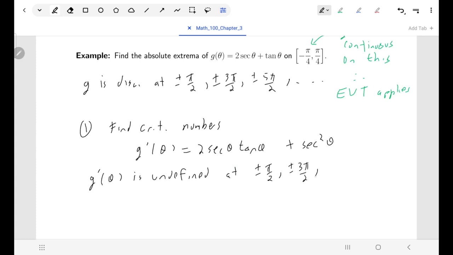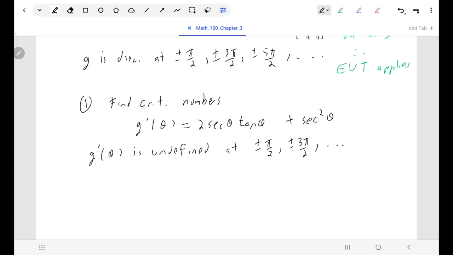None of those are going to be included because none of those are inside of my interval, so I don't have to include them in my little table of y values when I start comparing for who's the largest, who's the smallest. So the only thing I now need to think about is, well, when is the derivative equal to 0? And so that's where our derivative of 2 secant tangent plus secant squared equals 0.